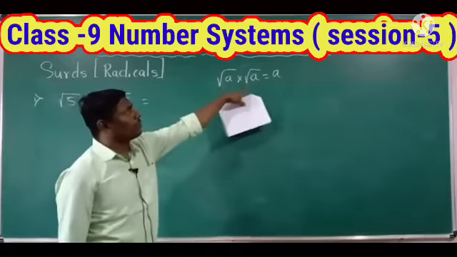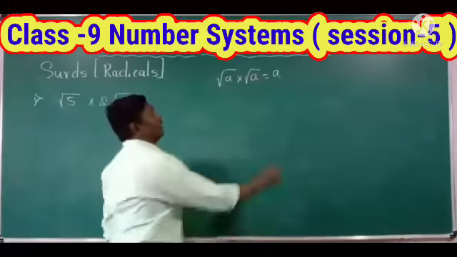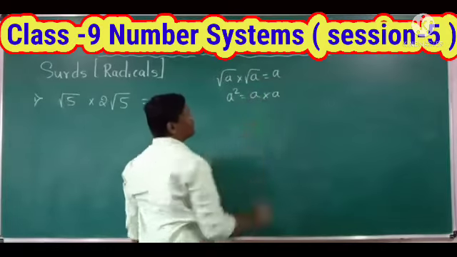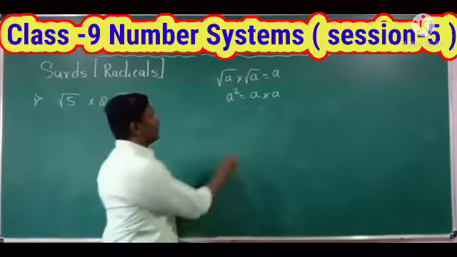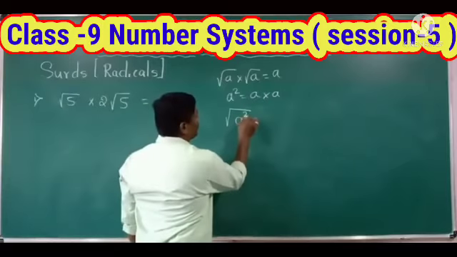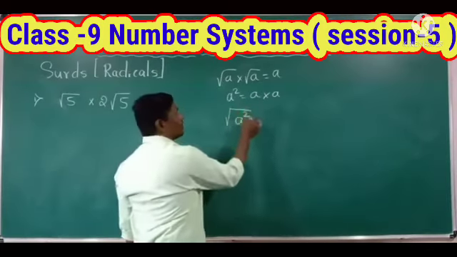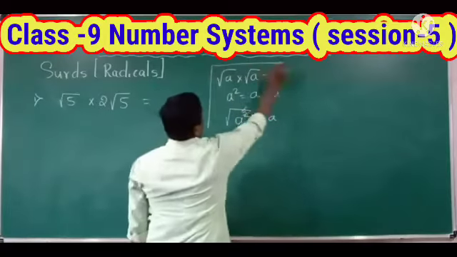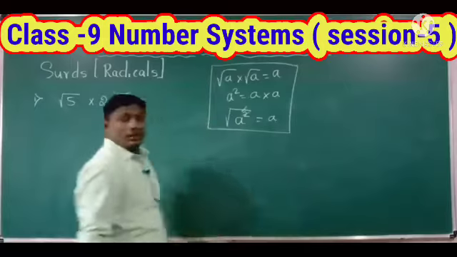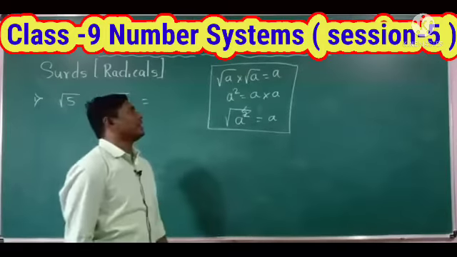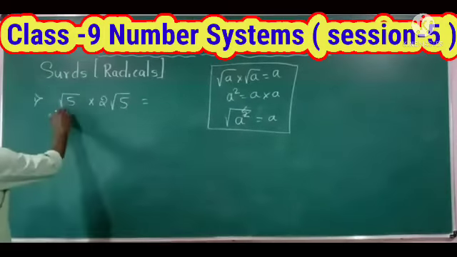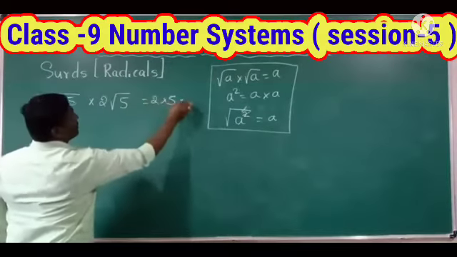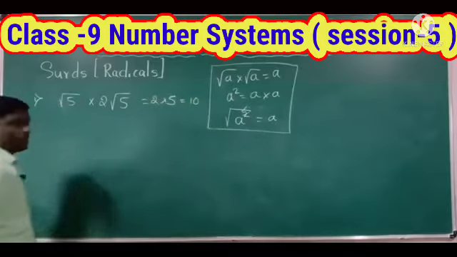And a square: the square root of a square, the square and root get cancelled, remaining a. So these are some basic laws of radicals. Now, root 5 into root 5 is 5, remaining 2 as it is. So the answer is 10.